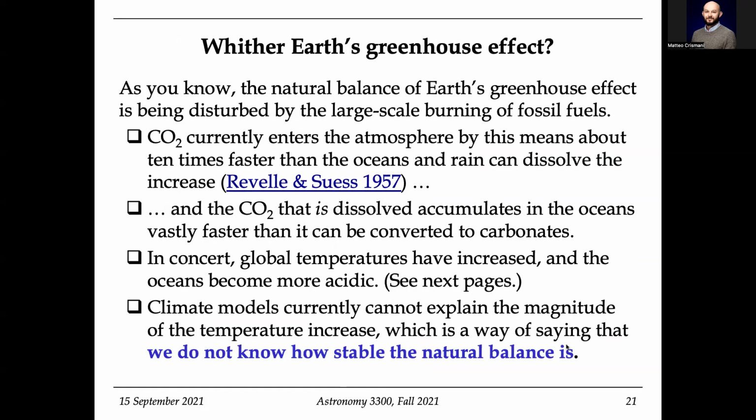We talked about fossil fuels. CO2 is currently entering about 10 times faster than the oceans and rain can dissolve it. That was in 1957. Things have changed.